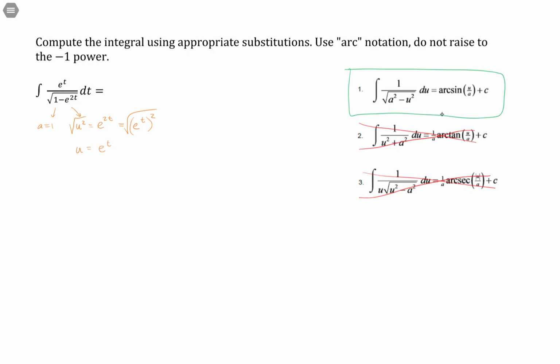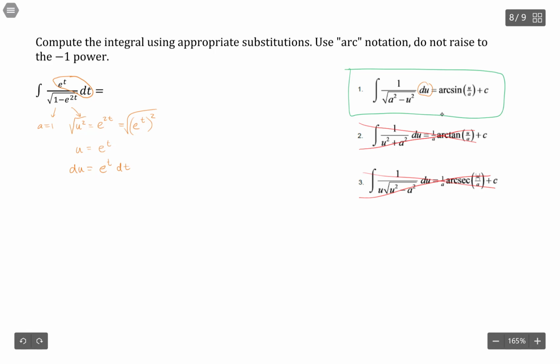Now, what also has to match up in these problems is du. I can only have 1 times du in the numerator. So let's see what happens. du, the derivative of this substitution, is going to be the derivative of e to the t, which is itself times the derivative of the exponent, so e to the t dt. And that is exactly what I have in the numerator. So we're all set.